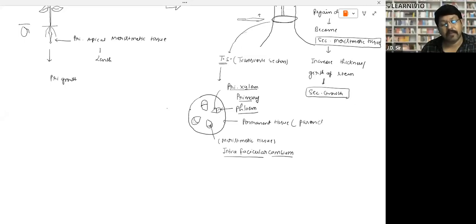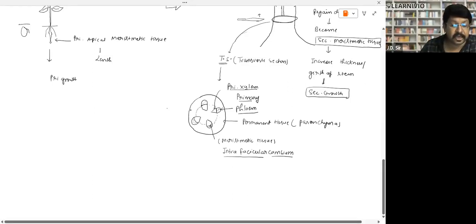They do not have the capacity of division. But at the time of secondary growth, try to understand me, these permanent tissues regain the ability to divide. They become secondary meristematic tissue, and they complete this ring.